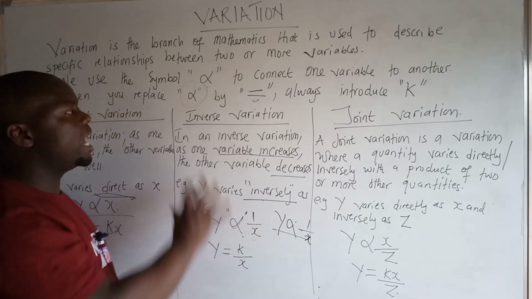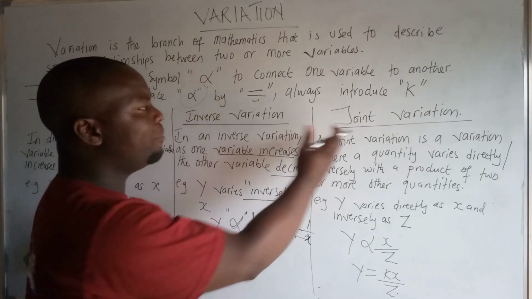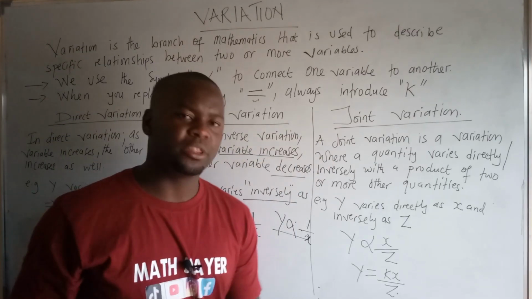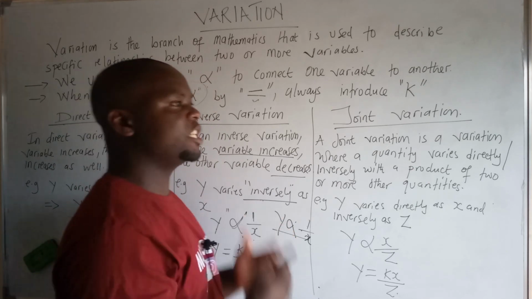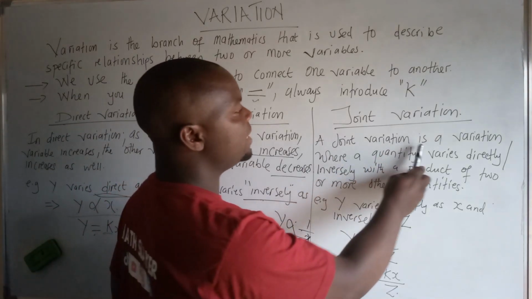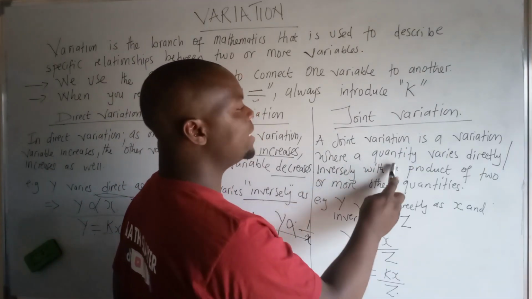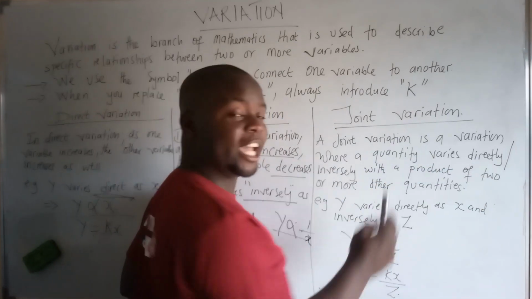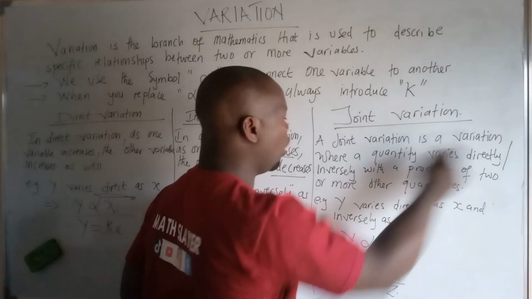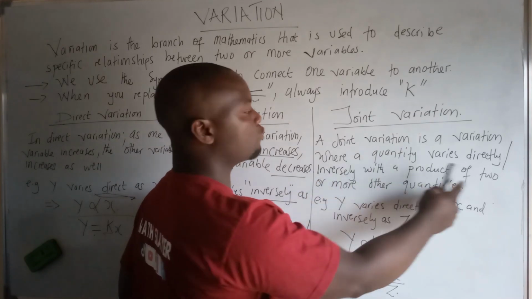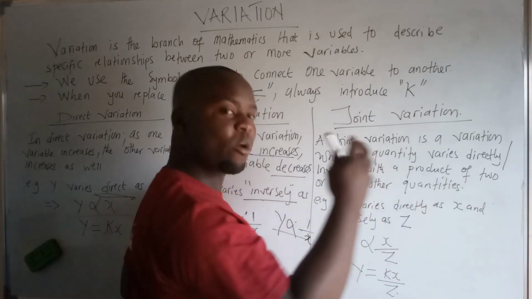So this is about an inverse variation. How about joint variation? What is involved with joint variation? A joint variation is a variation where a quantity varies directly or inversely with a product of two or more other quantities.